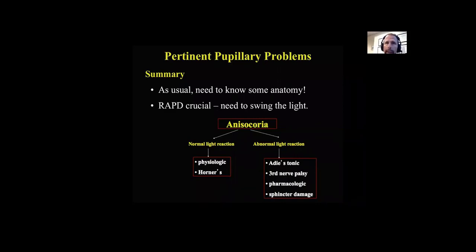If I swing the light from the left to the right and the right pupil constricts, and I swing the light back to the left and the right pupil gets big, there's a left relative afferent pupillary defect. Now, you could say, I detected a left relative afferent pupillary defect by reverse technique, but I would avoid the term reverse APD. Personally, I wish that term had never been introduced anywhere by anybody.